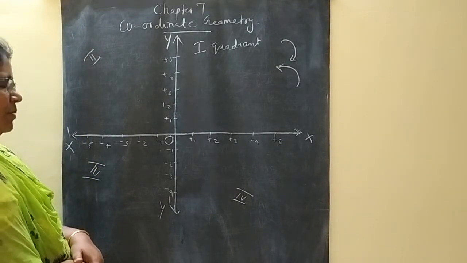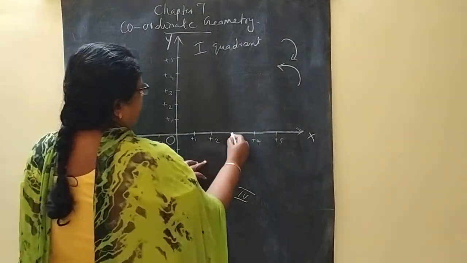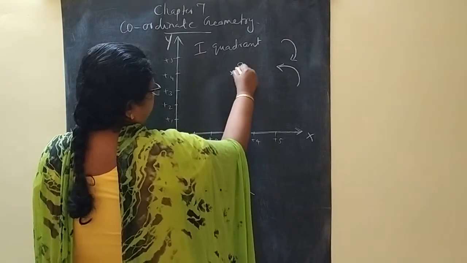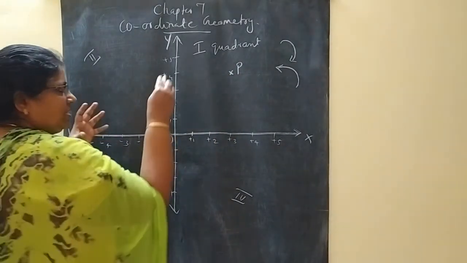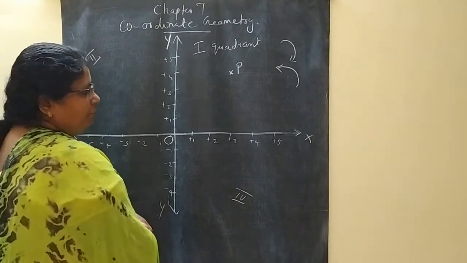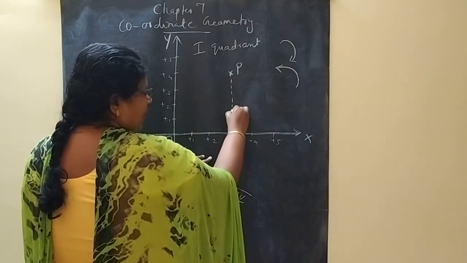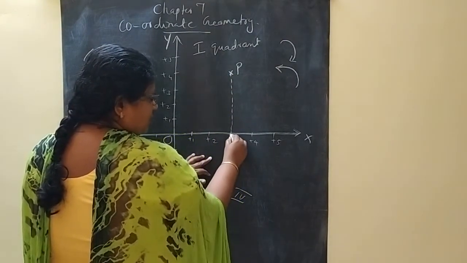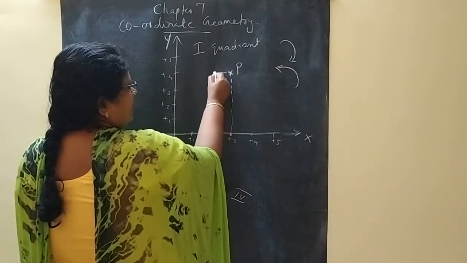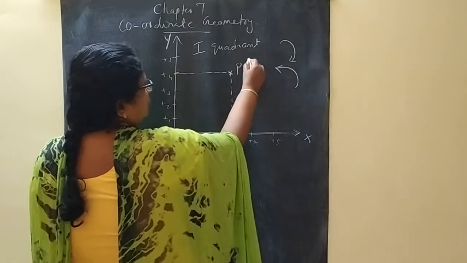Okay. Suppose I take a particular point in this quadrant, if I mark a point here, P. What is that P? For getting that particular point P, first you have to draw a perpendicular to the x-axis. It is intersecting at positive 3. From here, draw a perpendicular to the y-axis. It is intersecting at positive 4.